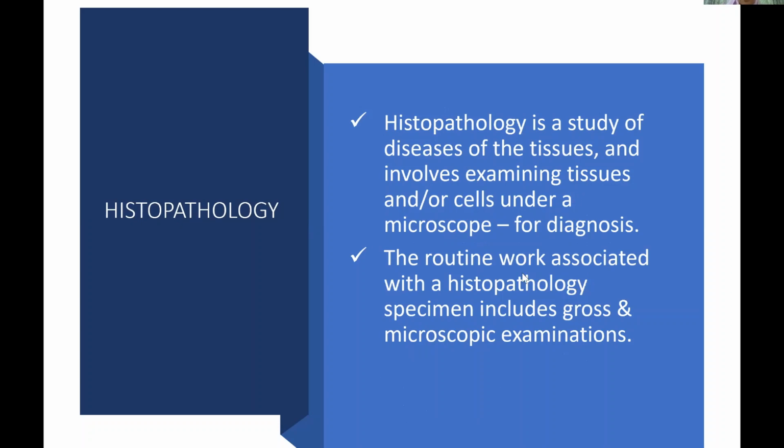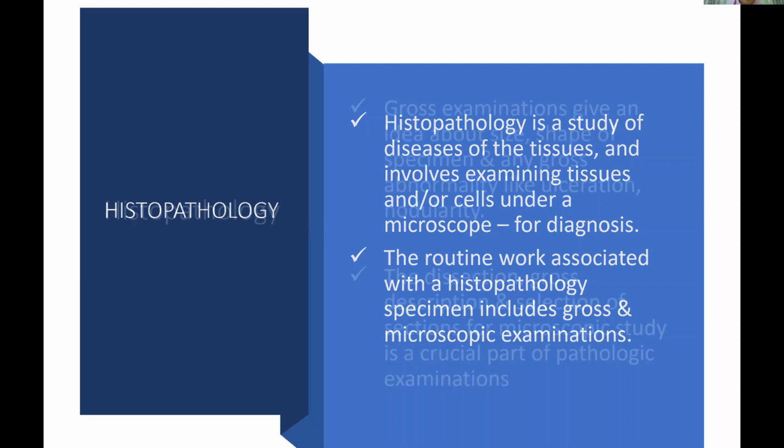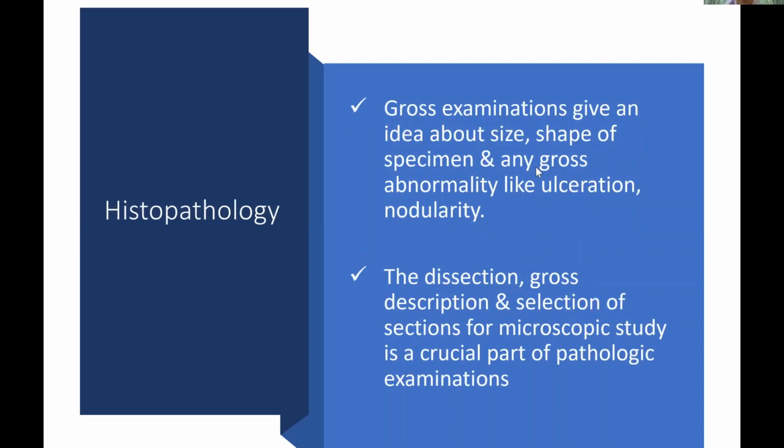In histopathology, we have two main important tasks: we examine the gross specimen and do microscopic analysis. For gross examination, we look at the size of the lesions and tumors, the shape of the tumors, and any abnormalities like ulcerations and nodularity.